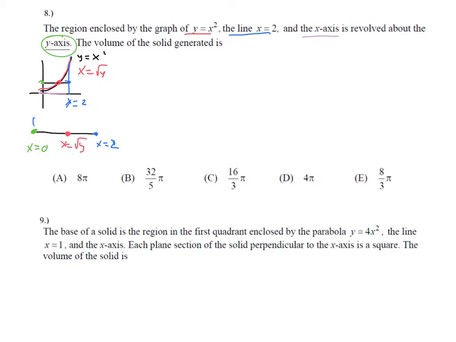So our outside radius is going to be the distance starting from that axis of revolution. Distance from 0 to 2 is 2. The distance from 0 to the square root of y is the square root of y.